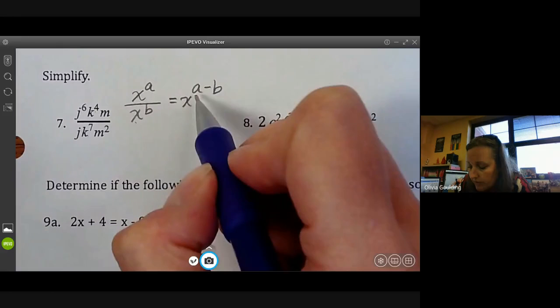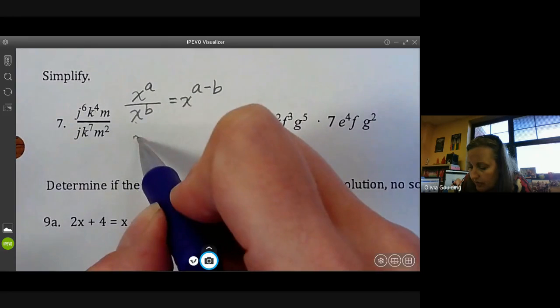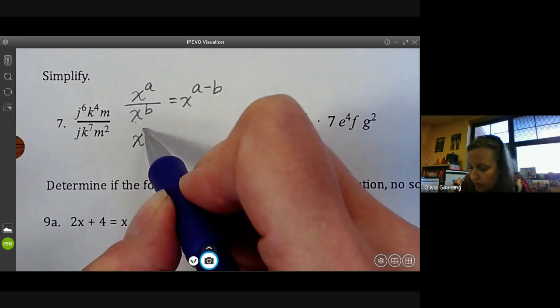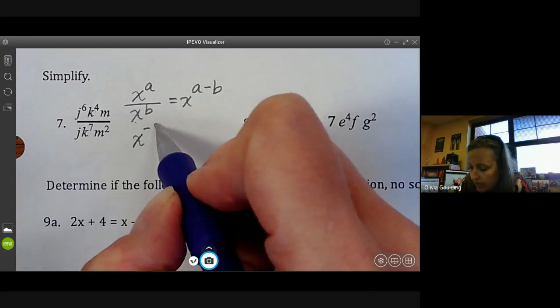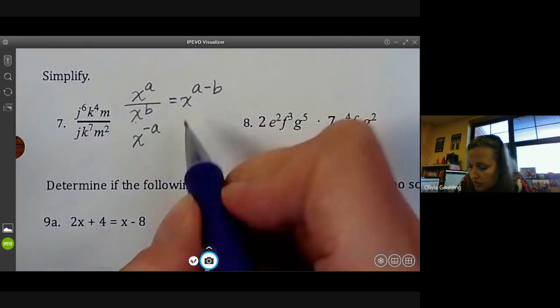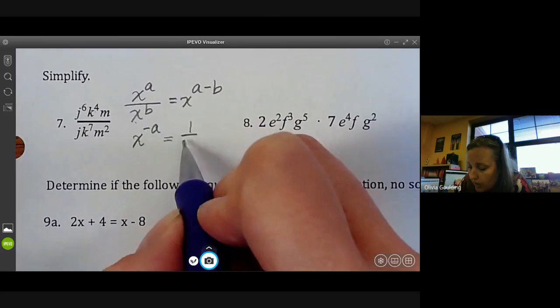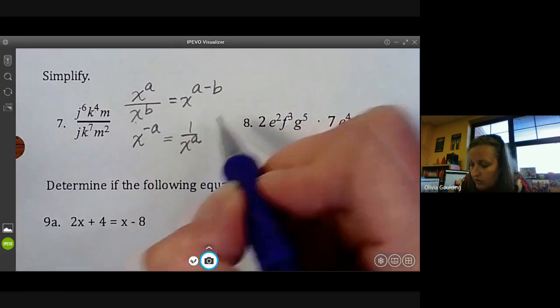And then if I have some base raised to a negative power, negative a, I change that, this is my rule, to 1 over x to the positive a.